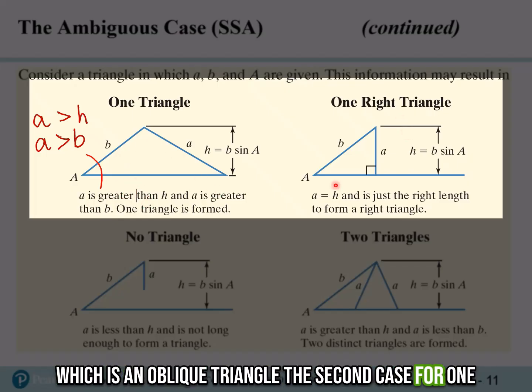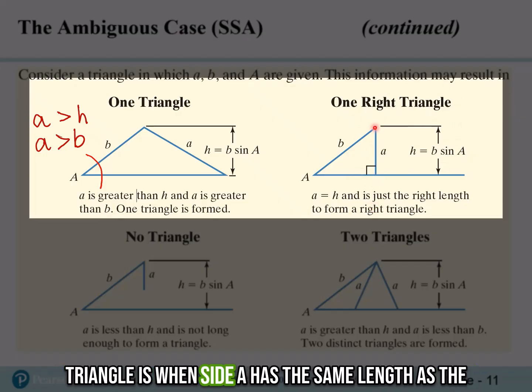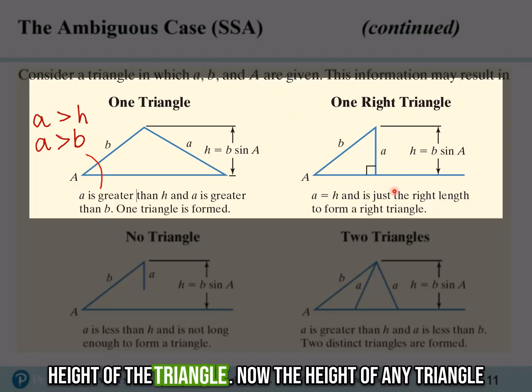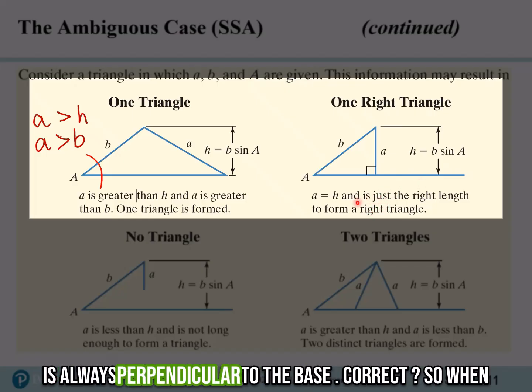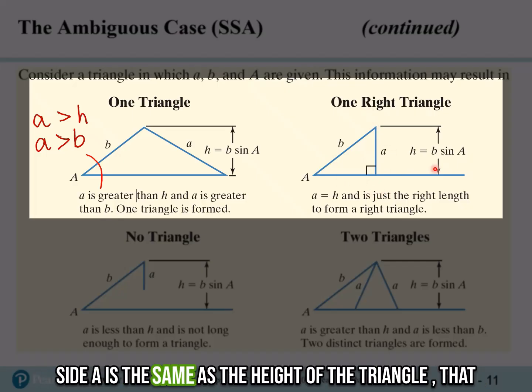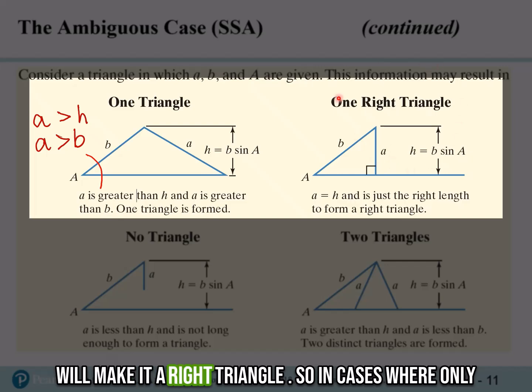The second case for one triangle is when side A has the same length as the height of the triangle. Now, the height of any triangle is always perpendicular to the base, correct? So when side A is the same as the height of the triangle, that will make it a right triangle.